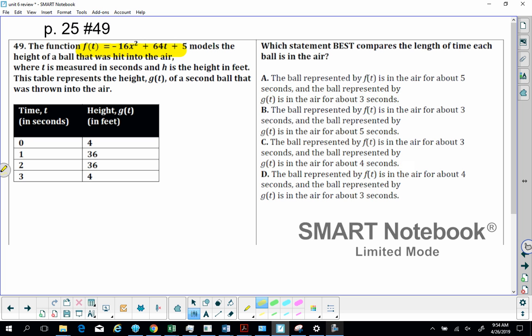Tristan, where did you end up finding your zeros for that equation? So it's in the air for about 3 seconds. And then G of t is in the air for about 4 seconds. So this one's going down, and somewhere between 3 and 4 seconds it would hit close to 0, a little bit less than 0.